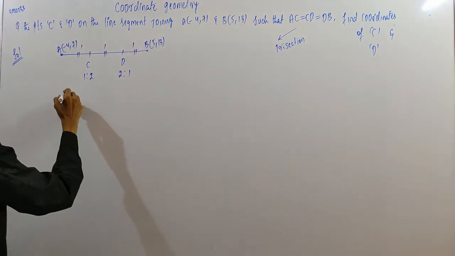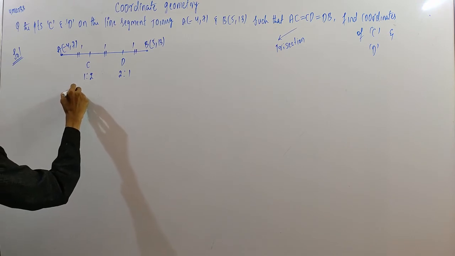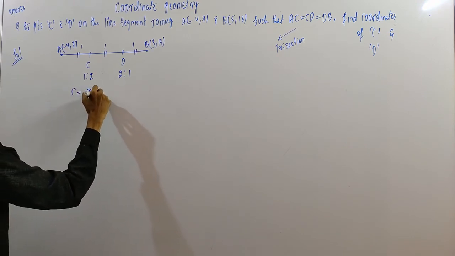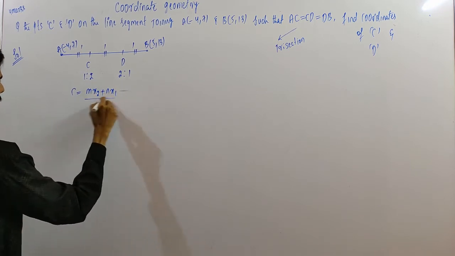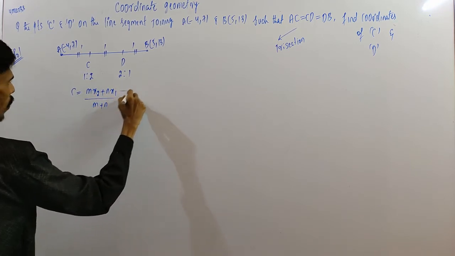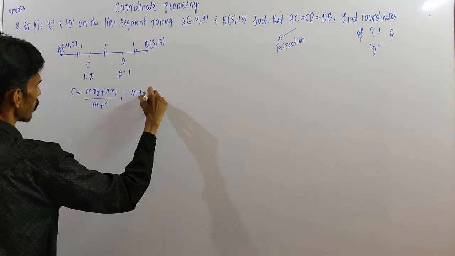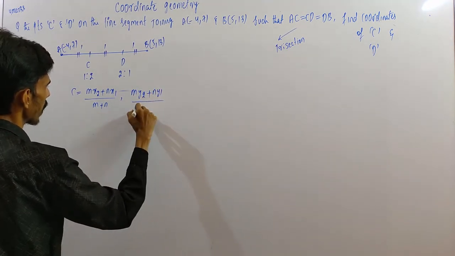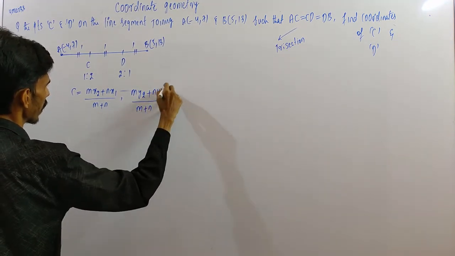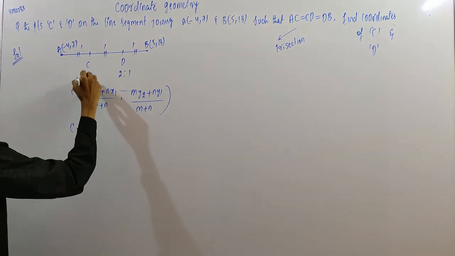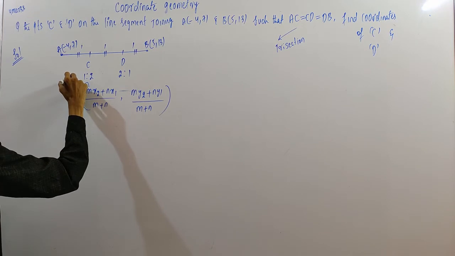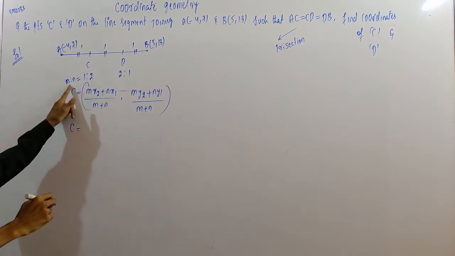Now we can use the section formula. We have C equals (m x2 plus n x1) divided by (m plus n), comma (m y2 plus n y1) divided by (m plus n). Now for C, take m is to n value as 1:2.